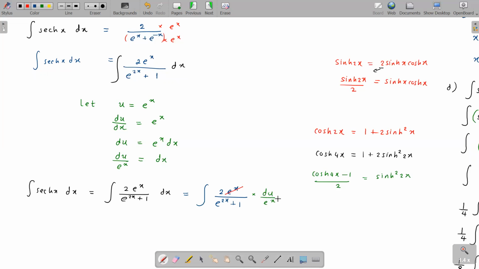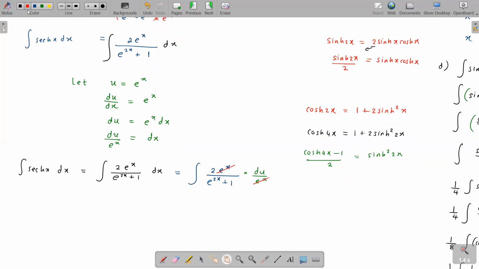The e to the x will cancel out. So I end up getting 2 over... Now I need to convert this sum to u. So what will e to the 2x be? If u is e to the x, then e to the 2x is u squared. So basically this becomes 2 over u squared plus 1. So we get 2 over u squared plus 1.